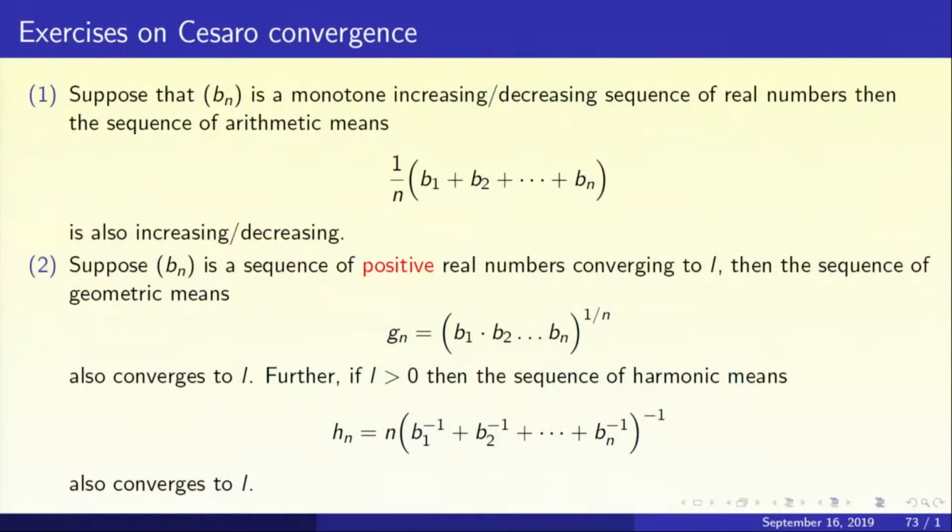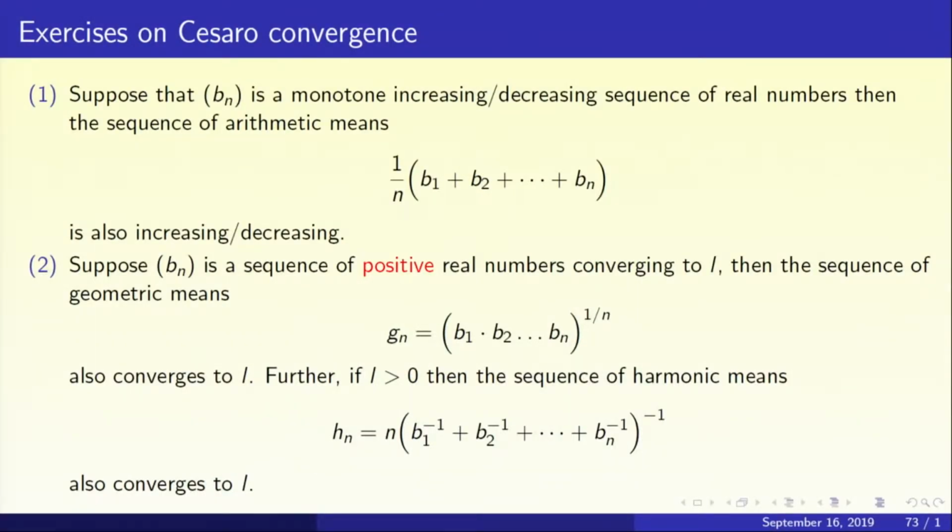So, what is the harmonic mean? The harmonic mean is the reciprocal of the arithmetic mean of the reciprocals. So, take the numbers, take the reciprocals, take the arithmetic mean of the reciprocals, and take the reciprocal again, namely Hn equals n times (b1 to the power minus 1 plus b2 to the power minus 1 plus ... plus bn to the power minus 1) the whole raised to the power minus 1, as you see displayed in the slide.